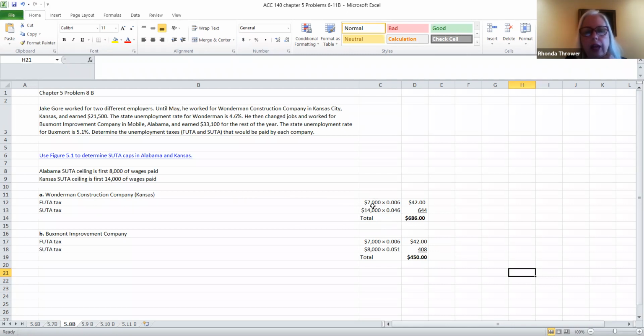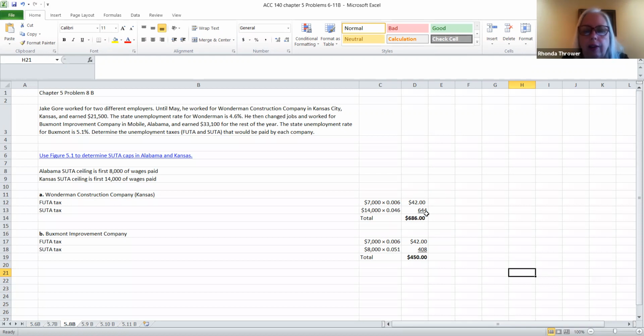The FUTA tax, the federal unemployment tax, is based on a ceiling of 7,000. The employee actually earned more than that for the state of Kansas. He earned 21,000, but only 7,000 are taxable for unemployment purposes. We're going to multiply that 7,000 by the net FUTA tax rate, which is 0.6%, and that will give you $42.